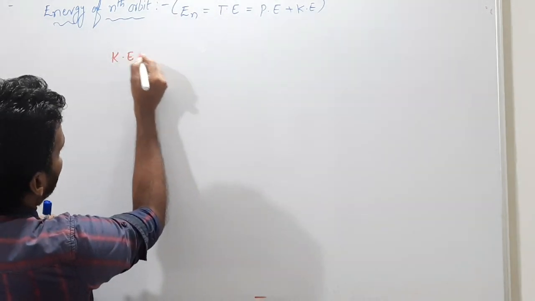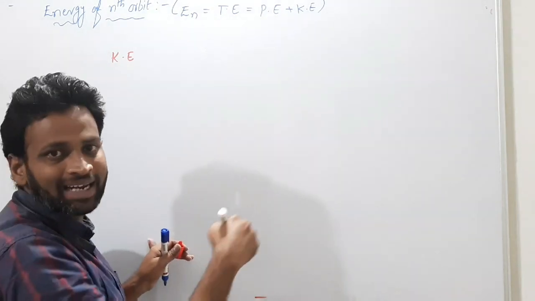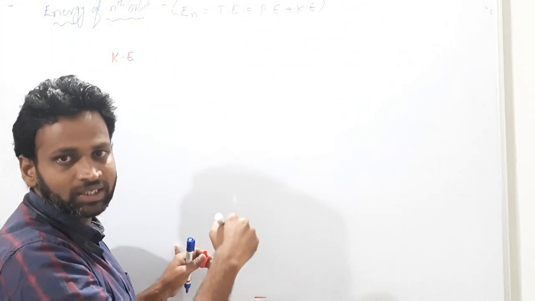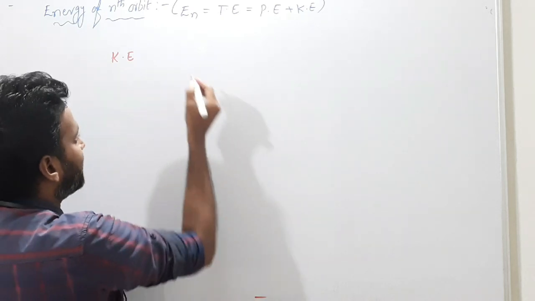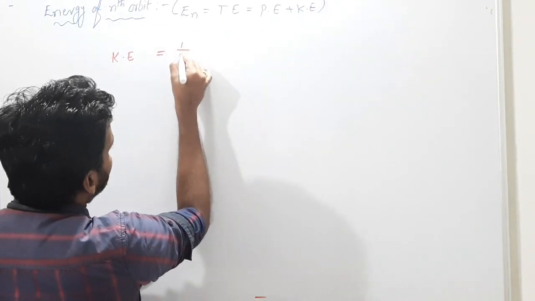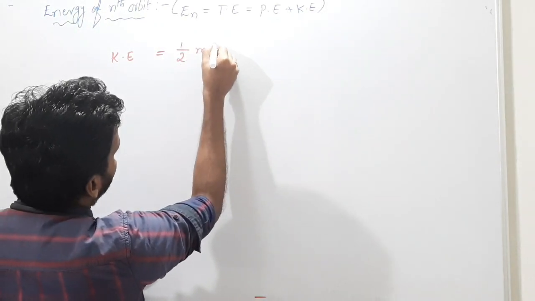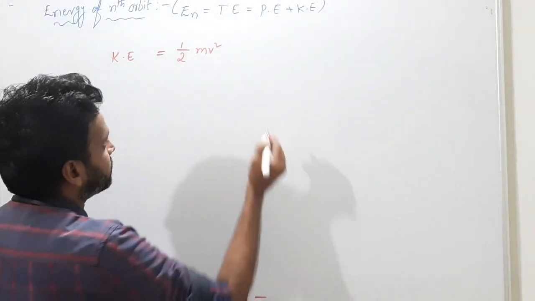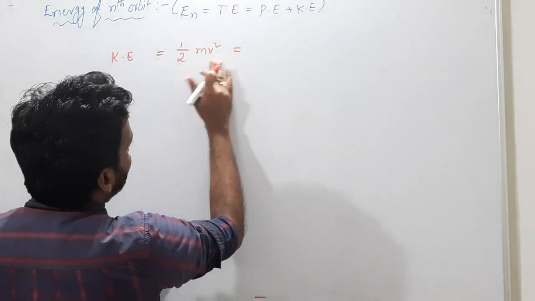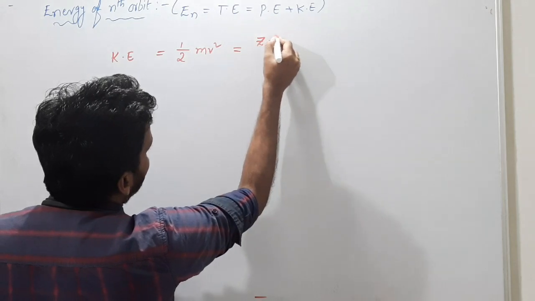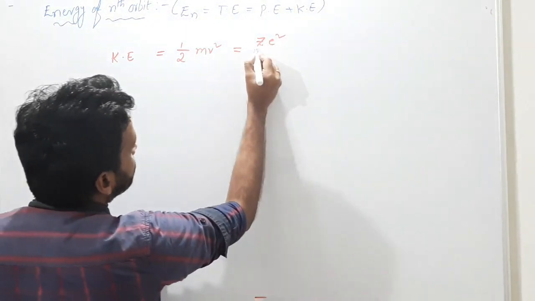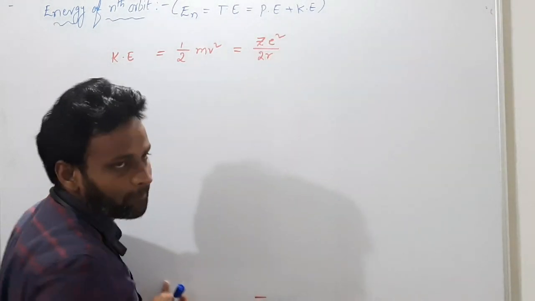We know the electron is revolving around the nucleus, so certainly it has some kinetic energy. Kinetic energy is half mv square. You know the mv square value is Ze square by r, so Ze square by 2r will come. How?